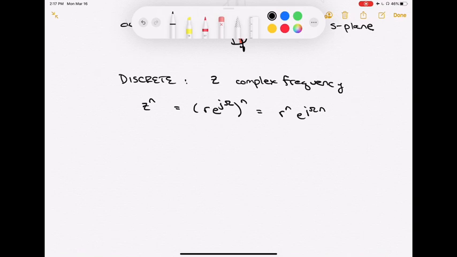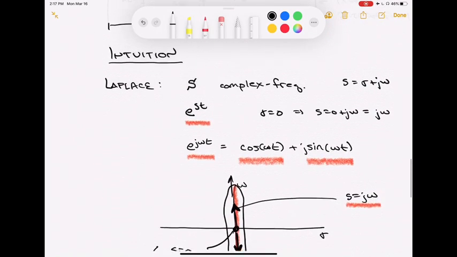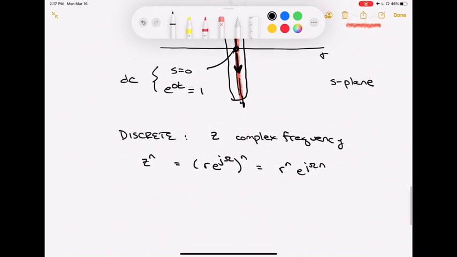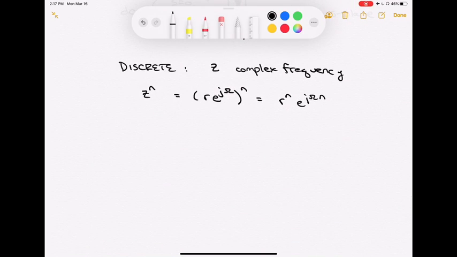If we go back up to continuous time, we had seen before that we had s as being the complex frequency. We wrote it in rectangular form, sigma plus j omega, and we recognized that it had that complex exponential form e to the st. We found that sinusoids lived where there was no damping, no exponential growth. We're interested in the same point here for discrete time.